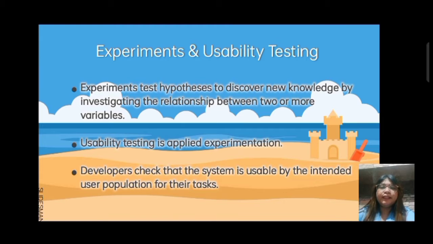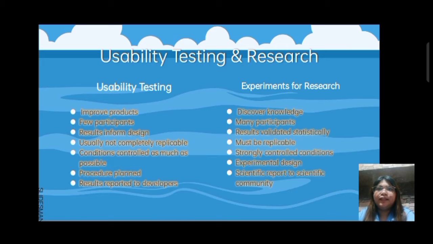Experiment and usability testing. An experiment tests hypotheses to discover new knowledge by investigating the relationship between two or more variables. Usability testing is applied experimentation. Developers check that the system is usable by the intended user population for further usability testing and research.